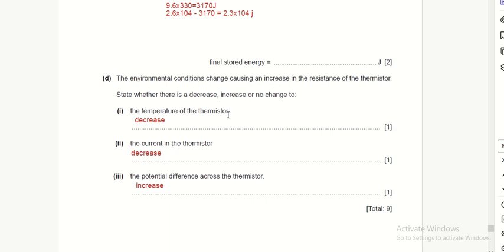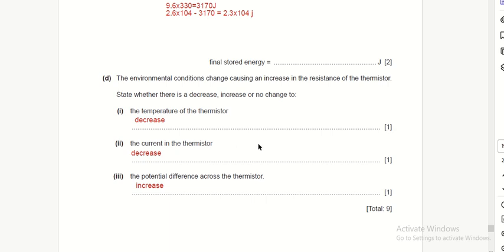When the temperature of the thermistor increases, the resistance decreases, and vice versa. When the resistance of the thermistor increases, temperature decreases.